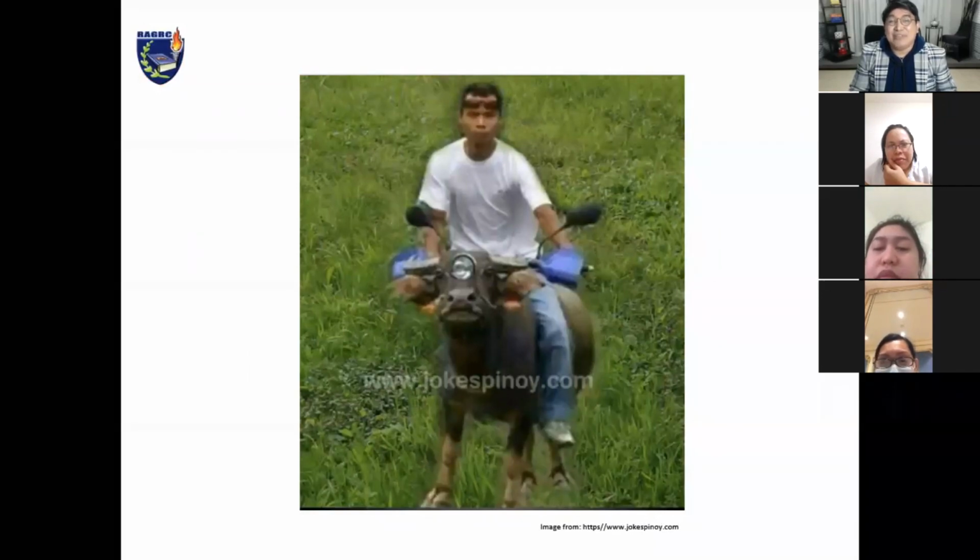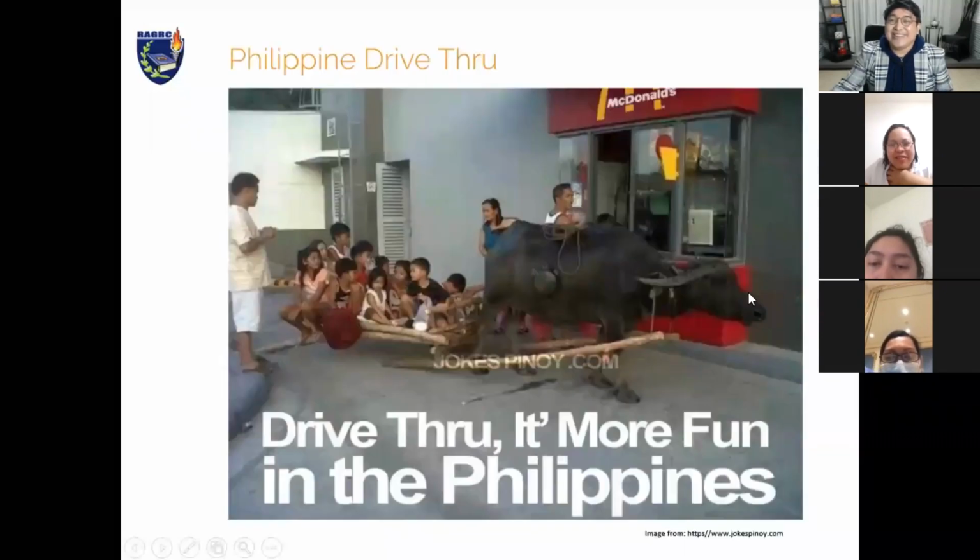So in the Philippines, going back to basics means, during this time of pandemic, when we don't have adequate transportation, we go back to riding the carabaos. That's the basic. Oh, this is also one good thing. This is how we do our drive-through at McDonald's, because we are not yet allowed to have public transportation in the Philippines.